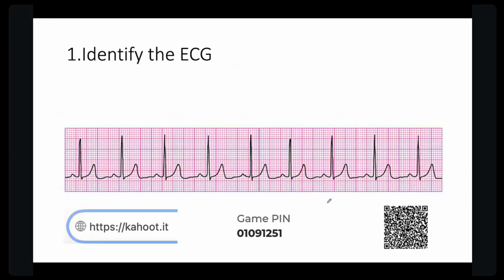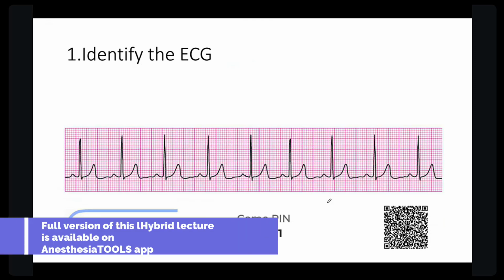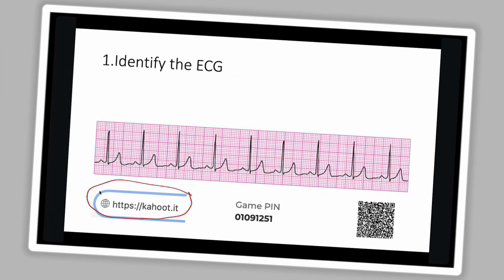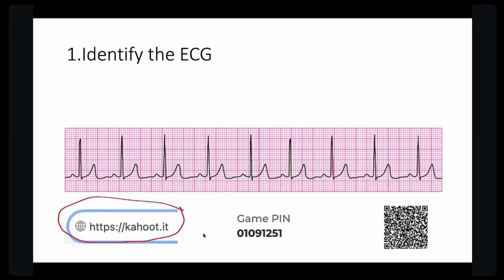So here's the first question. Identify the ECG pattern. Either you can scan the QR code provided, or you can move to this website, kahoot.it, and enter the game pin 010-91251.